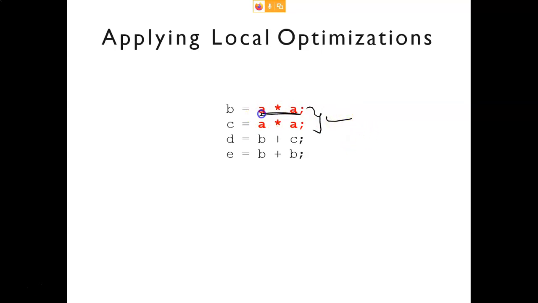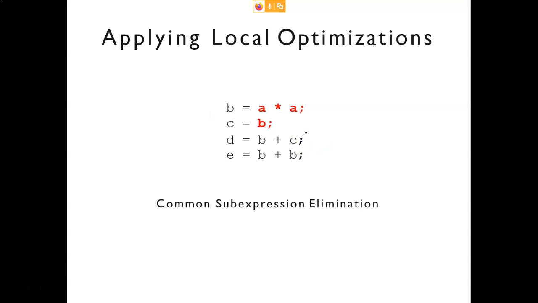Because here this is a star a, and here also this is a star a, and in the middle of these two statements you are not changing a, you are not changing b. That is the condition, remember that condition always. So you don't have to do this recalculation. You can replace it with b. So common subexpression elimination you can apply, and you will get this b.